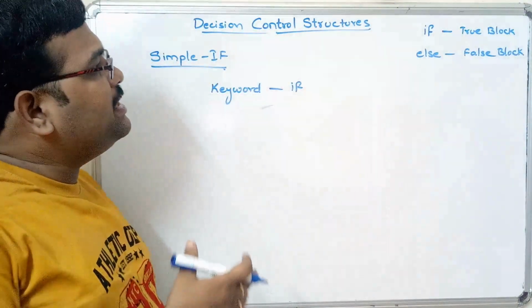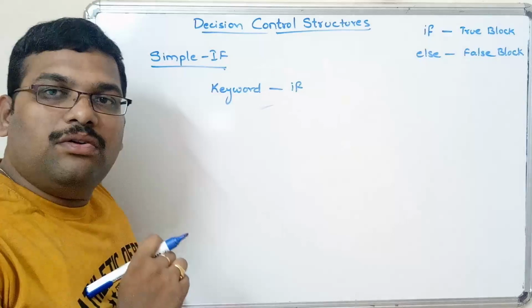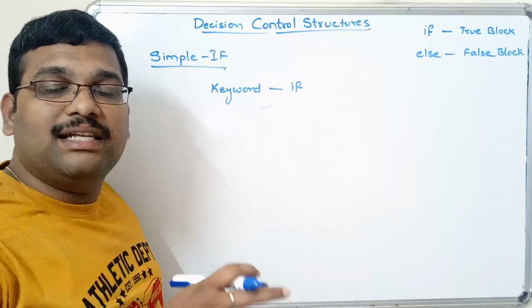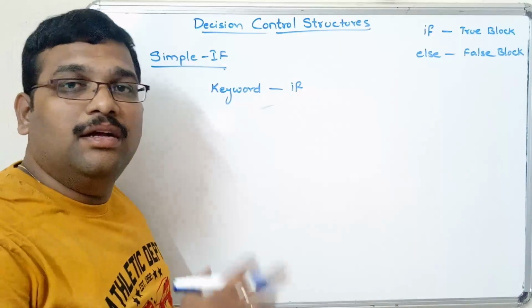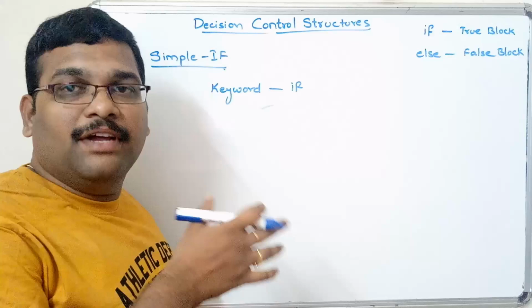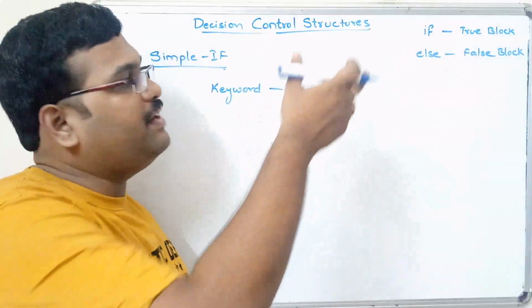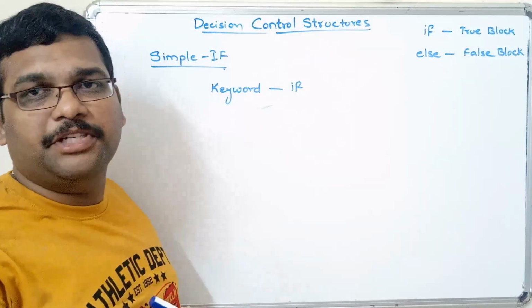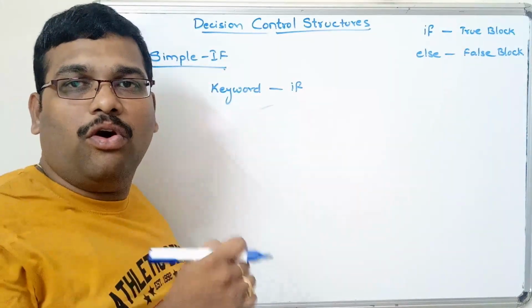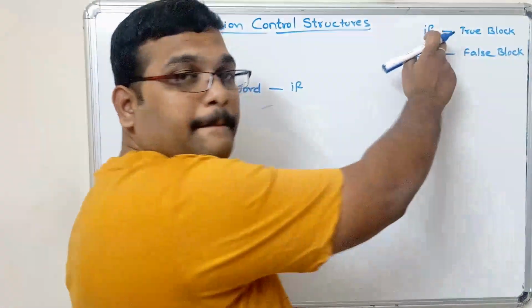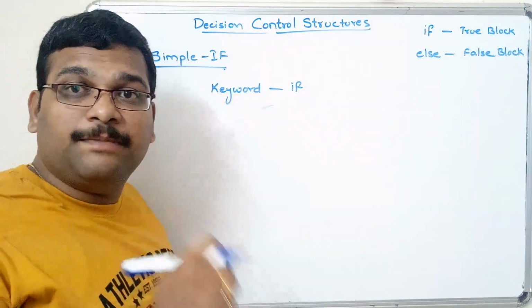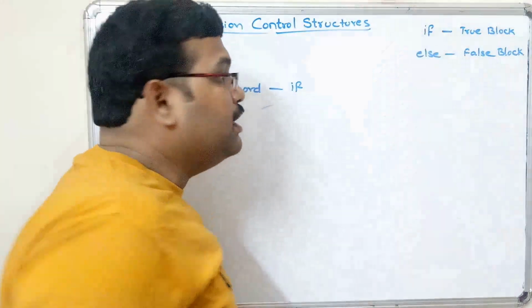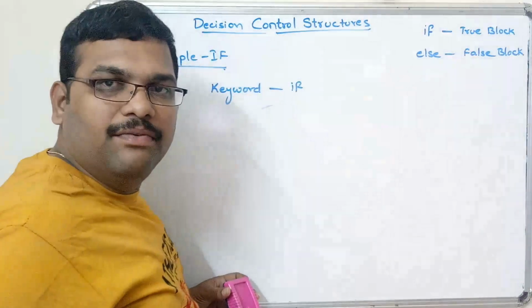As I said previously, decision control structures mean we have to check the condition, and based upon the result of that condition or expression, the control will flow. If the condition is true, the true block will be executed; if it is false, the false block will be executed. The question is where we write this condition or expression: it should always be written in the if. If is a keyword and else is also a keyword.